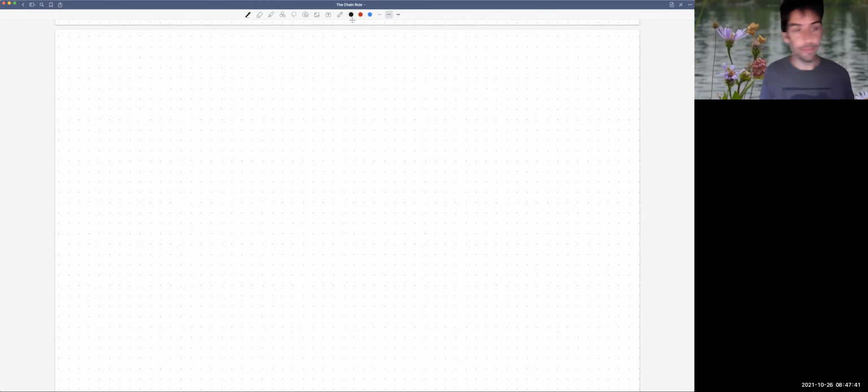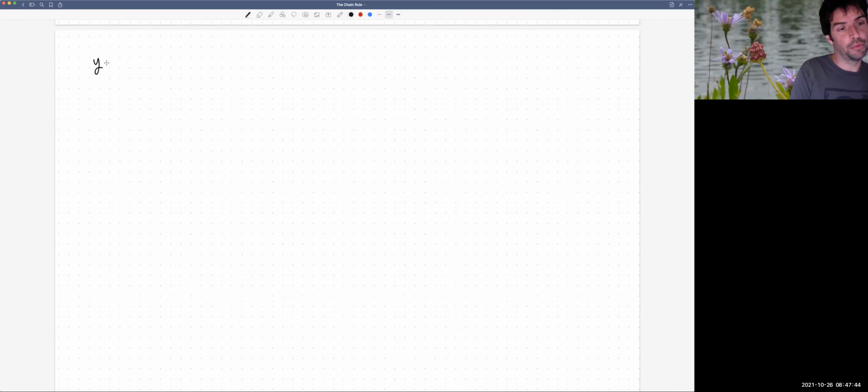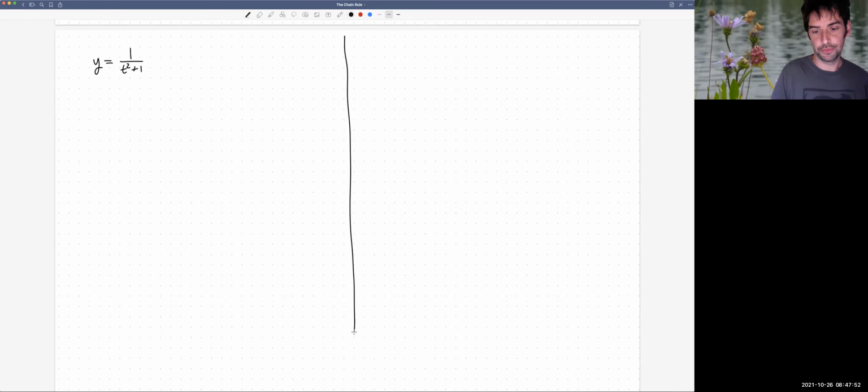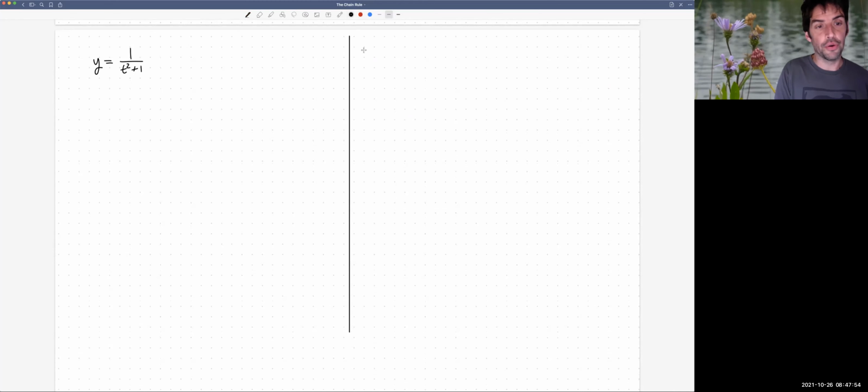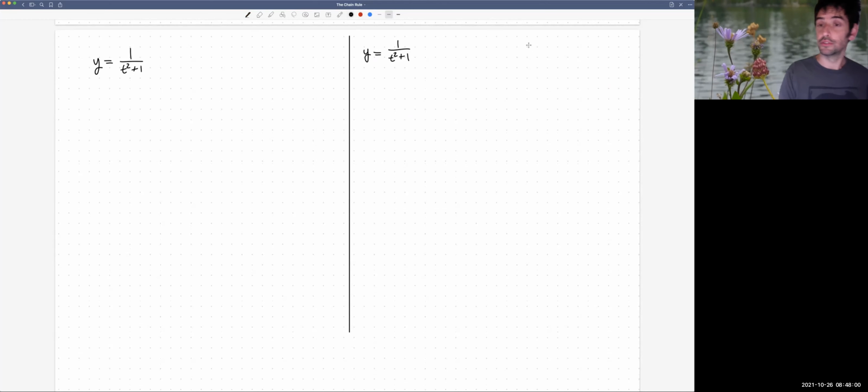Let's suppose I give you the function y equals 1 over t squared plus 1. Okay, let's do a little split here. So we can actually do this already using the quotient rule, right? So let's see that.